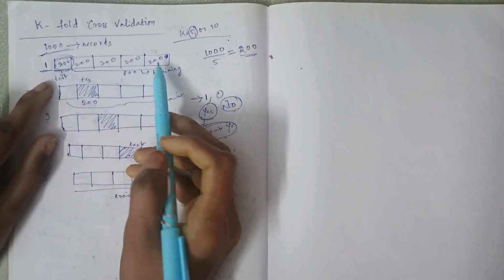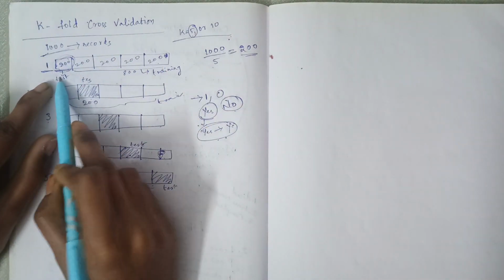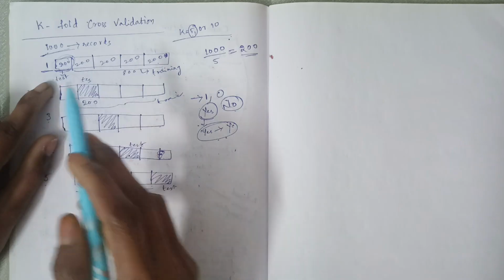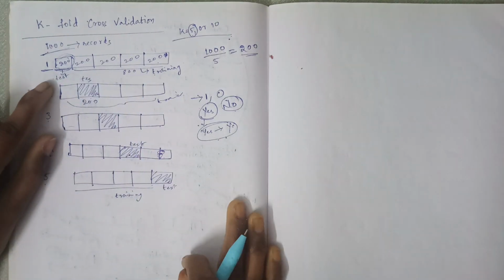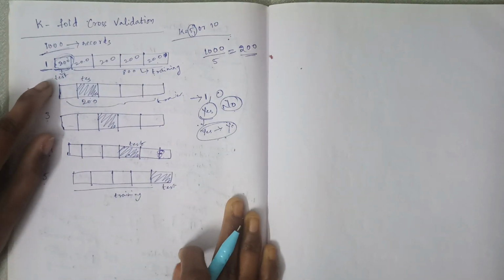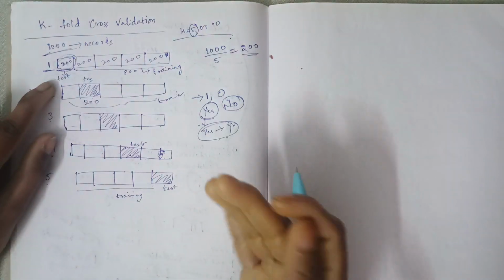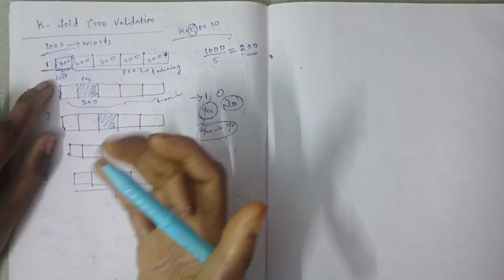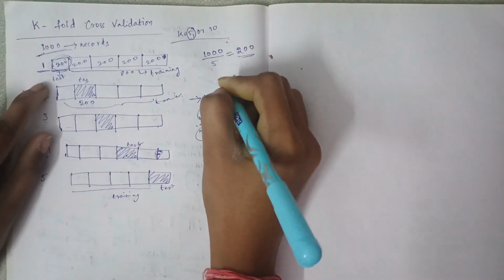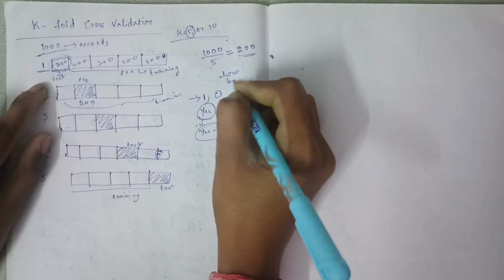Then how can a model predict on unseen data which it has not been trained on? So it is unable to capture the underlying patterns, which is nothing but the low bias.